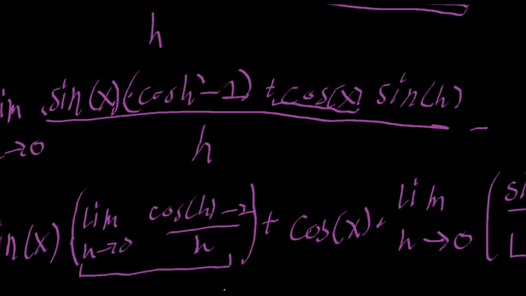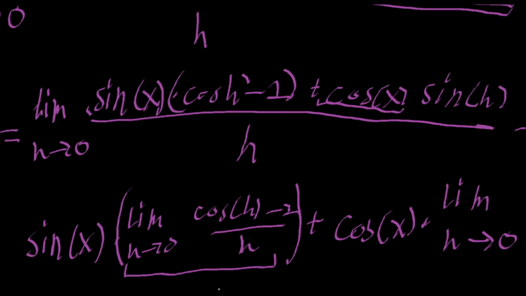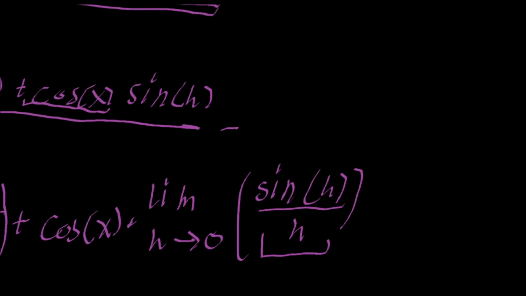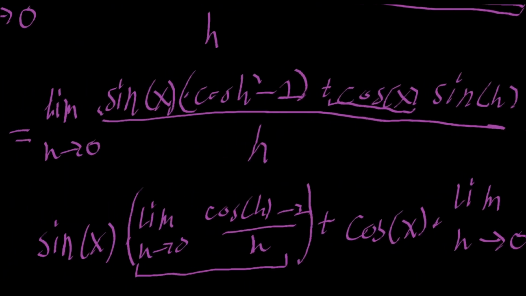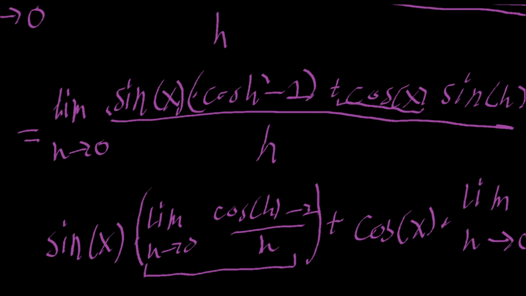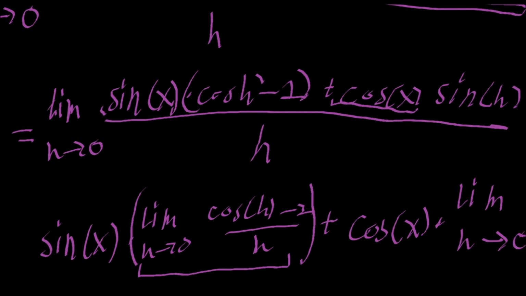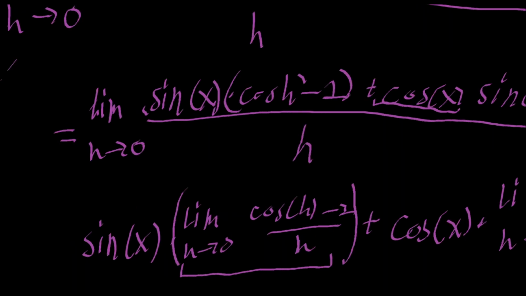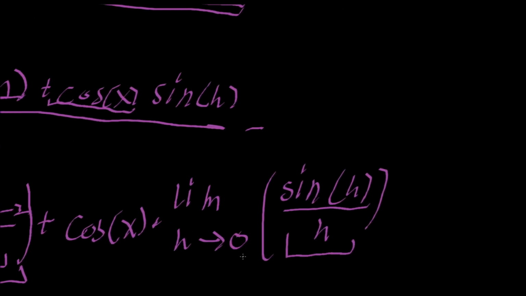So in order to proceed, we need to prove what these two limits are equal to, or we can't continue with the proof. But in order to prove this limit, we actually need to prove this limit first. So let's start with that one.